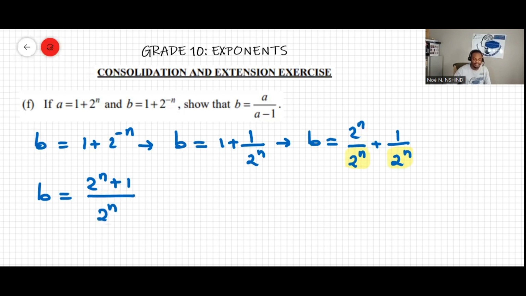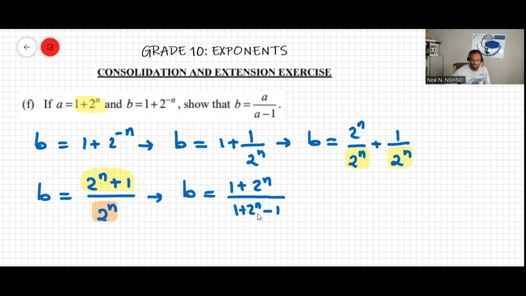Note that the numerator here is just A, because A is 1 plus 2 to the n. The denominator is just A minus 1, because A is 1 plus 2 to the n, and if you minus 1, you retrieve 2 to the n.